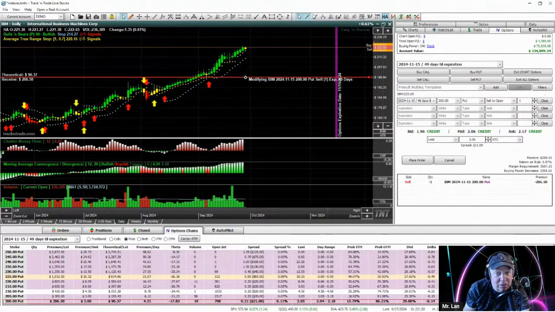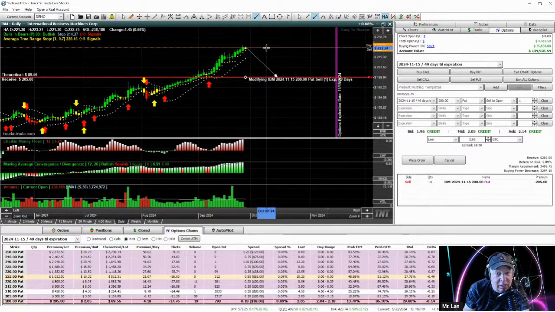Where do you think the market's going to come down? If the market comes down, do you want to buy some IBM shares here and get paid $200? Now, remember, you're going to have to put in $19,000 in cash to buy the IBM shares. So we have to have $19,000 sitting in our account. We have buying power over here of $75,000. So we got lots of money to do this with.